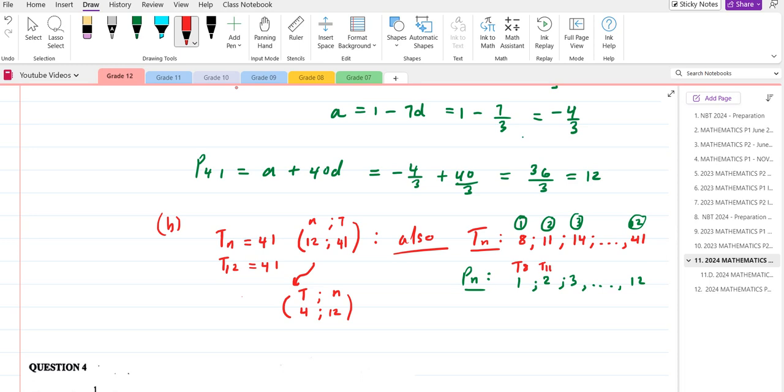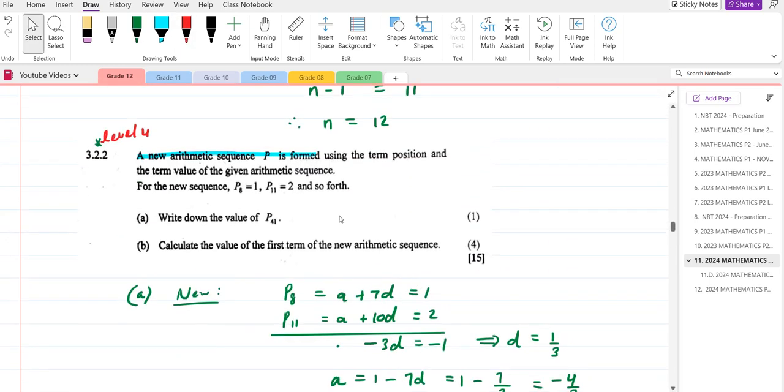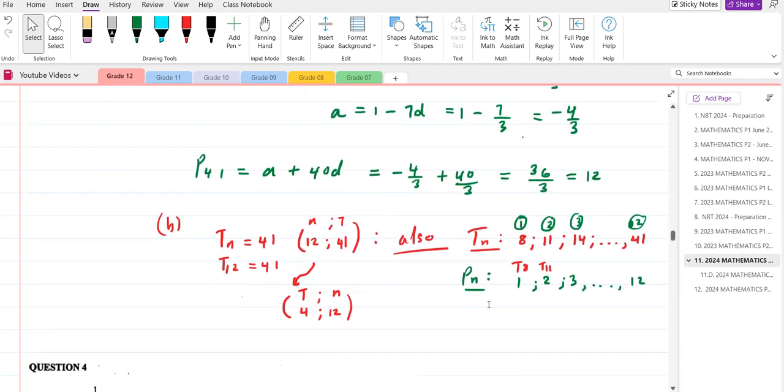Term 11 is 2. This is the 8th term, that's the 11th term. This is the 14th term, and this is the 41st term.